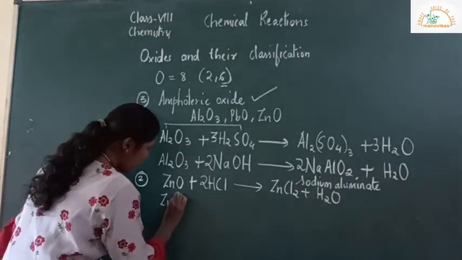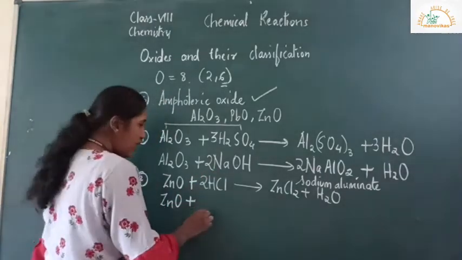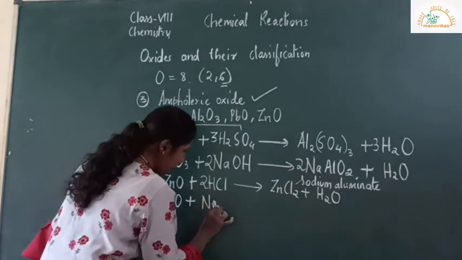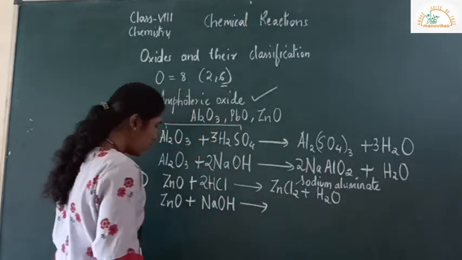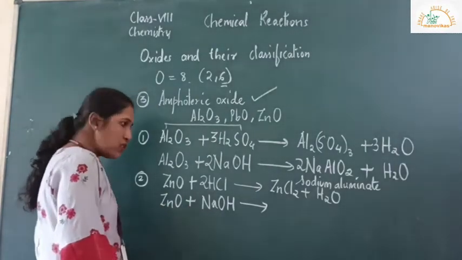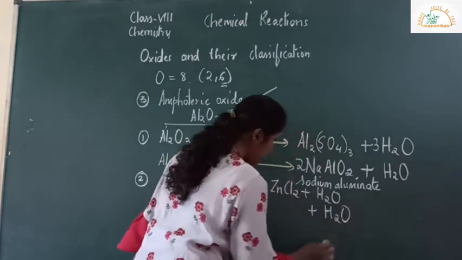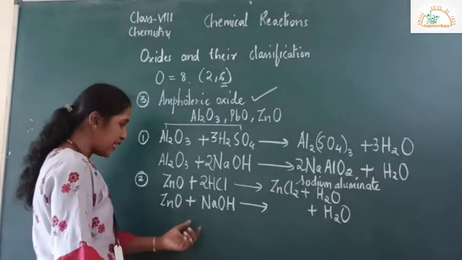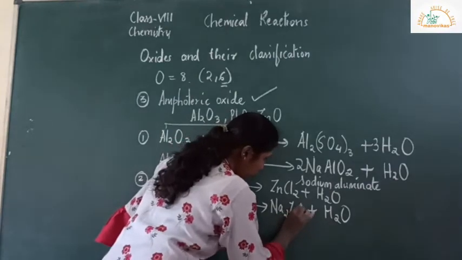So same zinc oxide, when I use the alkali, here I will use NaOH only. You can also use potassium hydroxide, KOH. So what I will get is the salt, and water, H2O. So what kind of salt will I get? I will get Na2ZnO2.